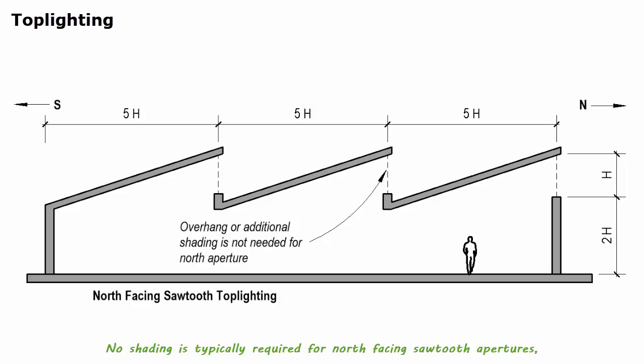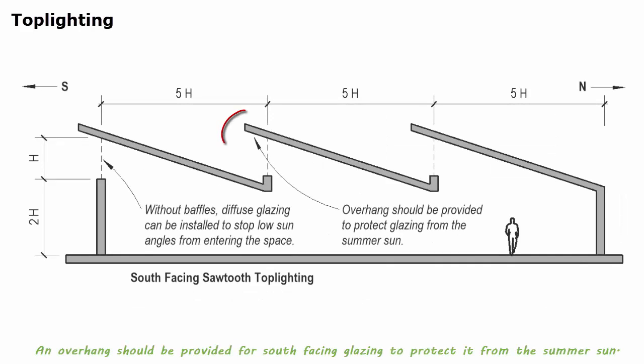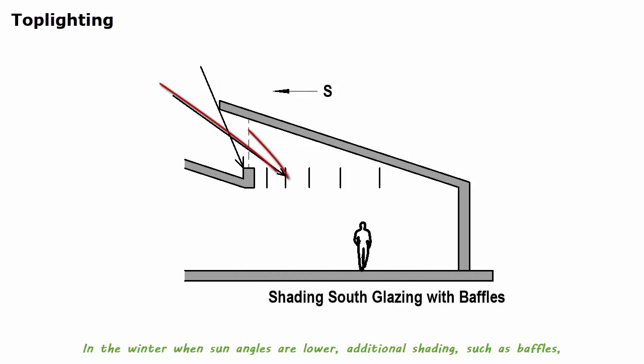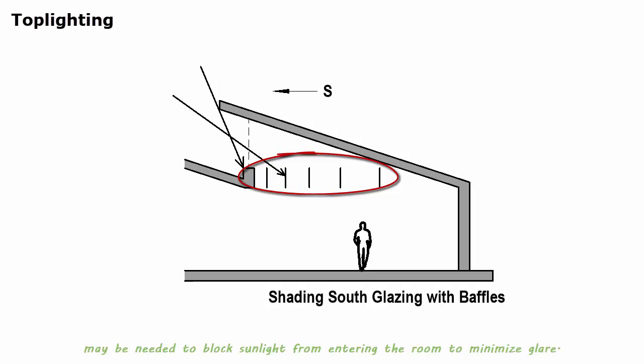No shading is typically required for north-facing sawtooth apertures because direct sunlight is usually not present. An overhang should be provided for south-facing glazing to protect it from the summer sun. In the winter, when sun angles are lower, additional shading such as baffles may be needed to block sunlight from entering the room to minimize glare.